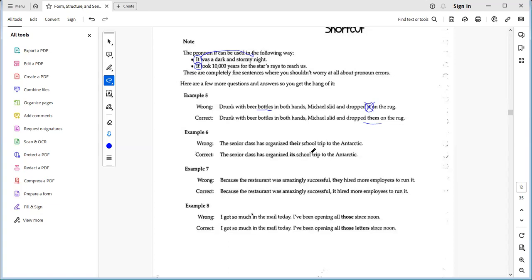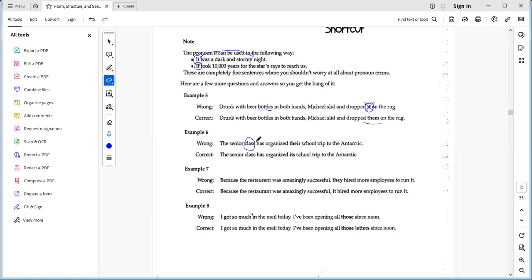Another one. The senior class has organized their school trip to the Antarctic. Does "their" stand for the class? You remember last time when we talked about subject-verb agreement and I told you that "class" can be singular or plural according to its meaning in the sentence?